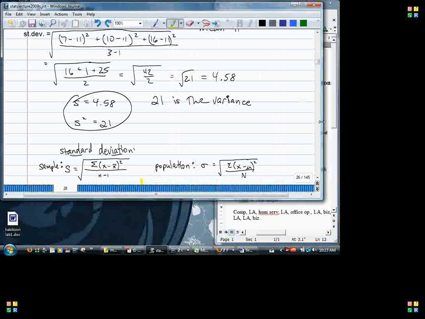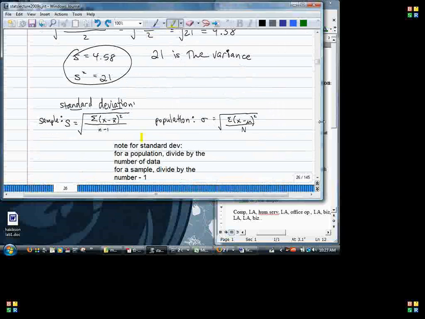Notice that there's a distinction. For population, you're just dividing by the size, which is n. When you're doing a sample in calculating standard deviation, you divide by n minus 1.